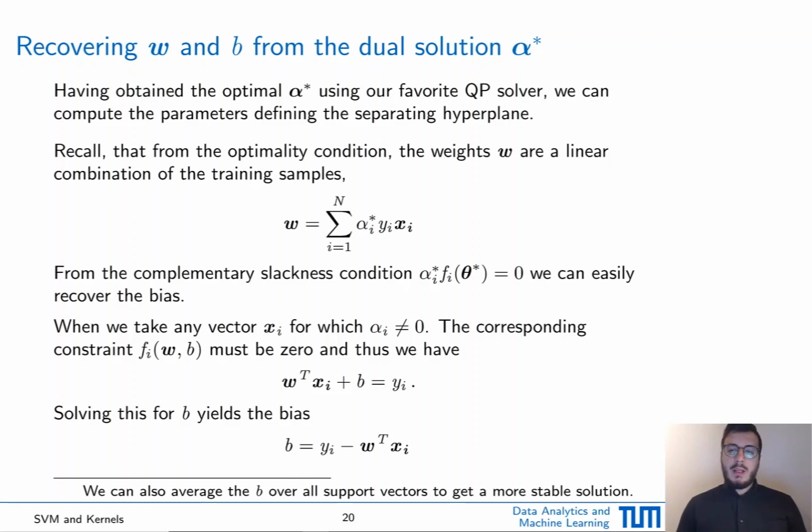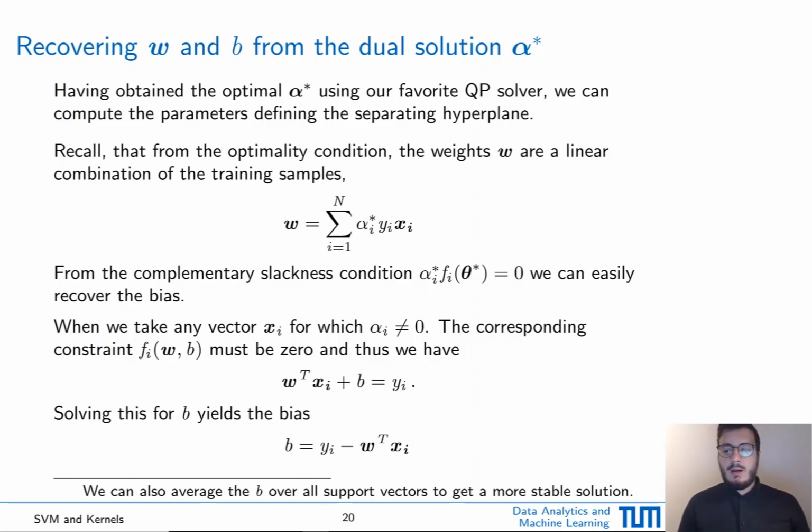For the weight vector, it's pretty easy because, as we've said before, the weight vector is a linear combination of the training samples, and simply plugging in alpha i star, we directly get it. For the bias, we need to do a little more work. We have to take advantage of the complementary slackness condition, which holds whenever strong duality holds. In the case of the support vector machine optimization problem, this is indeed the case.